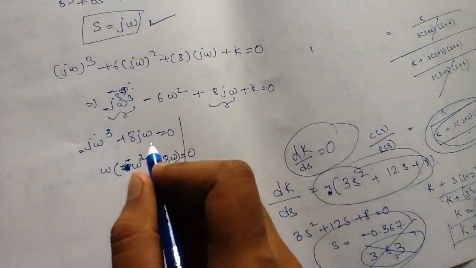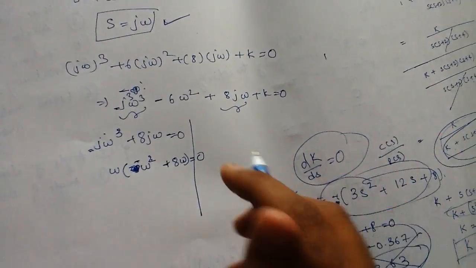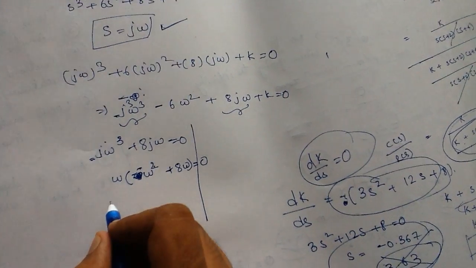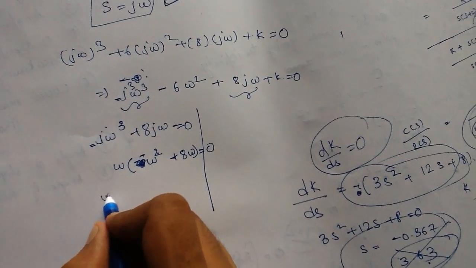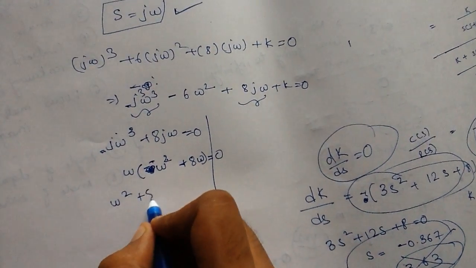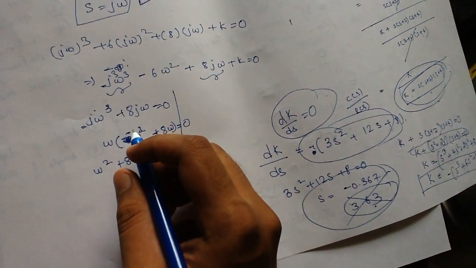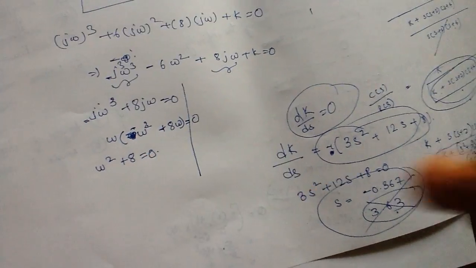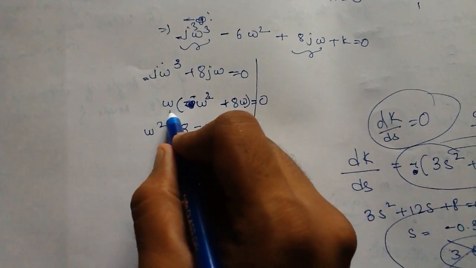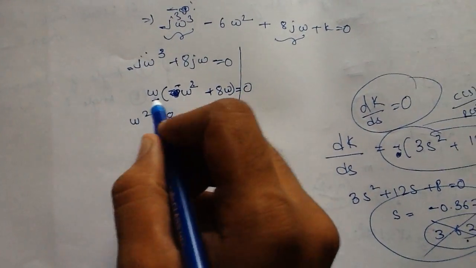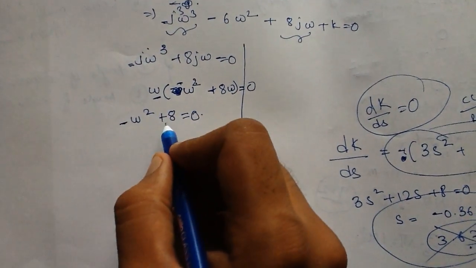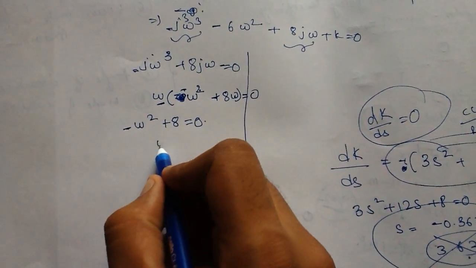I've eliminated j out of it. So what I'm going to get out of this is omega square plus 8 is equal to 0. Because I have eliminated omega and I've also eliminated j, I'll have minus omega square plus 8 is equal to 0.